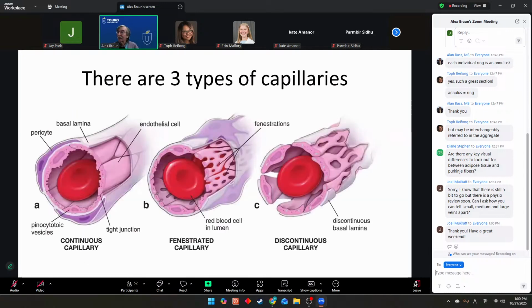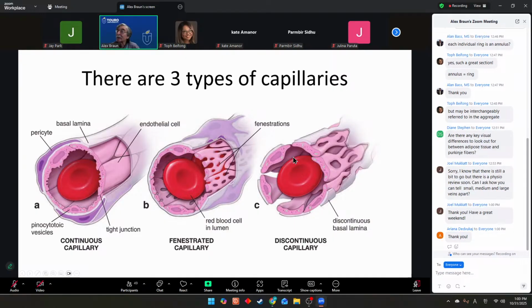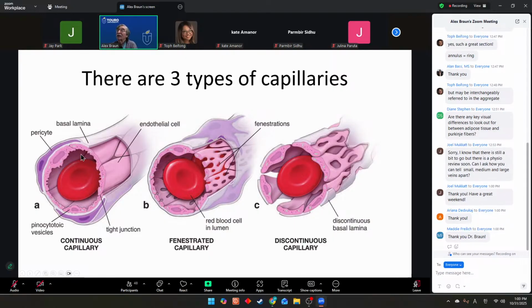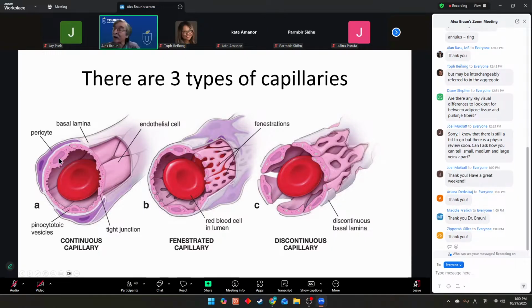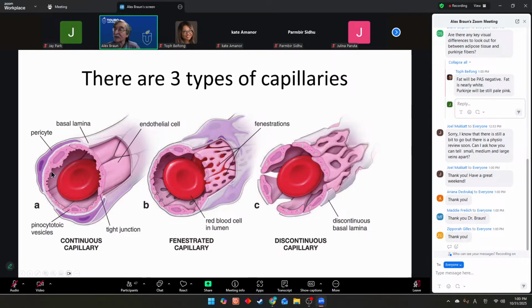Let's talk about capillaries. There are three main types of capillaries. There are continuous capillaries, fenestrated capillaries, and discontinuous capillaries. Continuous capillaries have endothelial cells, which are fairly, if you might say, solid looking. They don't have many fenestrations or openings within their cytoplasm.